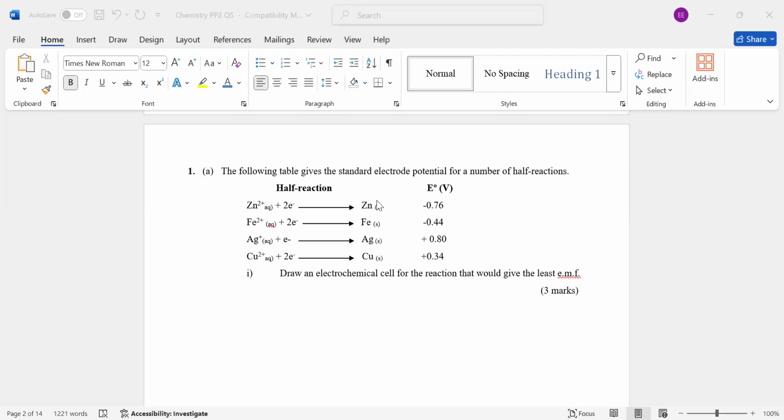Like in this case, we do have the 4 of them. Can someone just tell me which one is the strongest oxidizing agent? If you know the answer, raise up your hand. I can see Melvin, your hand is raised. Yes, Melvin.